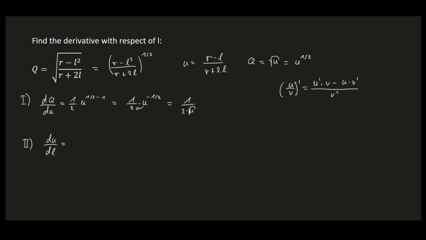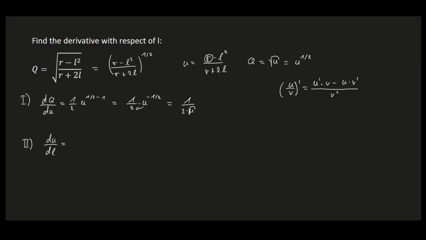When we differentiate the numerator here with respect to the letter l, we have to know that a constant, this here, is just a constant with respect to l, so this will be 0.